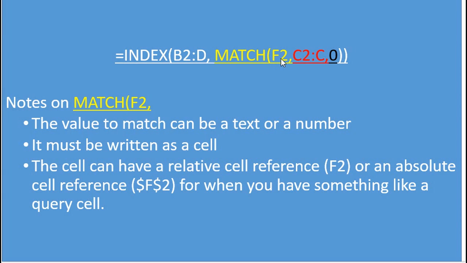In other words, if the value in that F2 cell is a certain value, then return the data in that index. This cell can have a relative reference, usually F2, or an absolute cell reference. The absolute cell reference is used when you want to create maybe a sort of query where someone just puts in the data instead of going to the functions themselves.